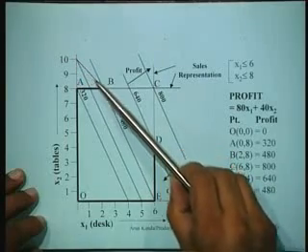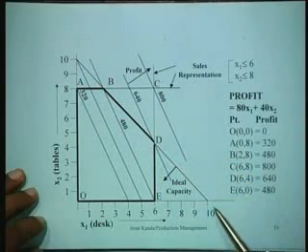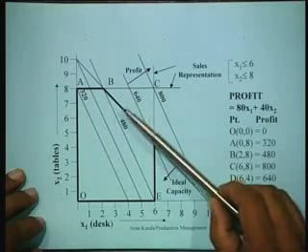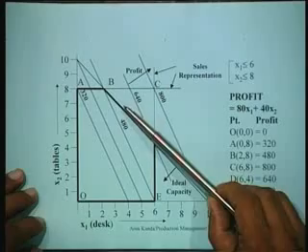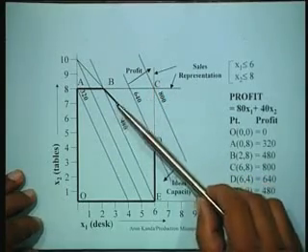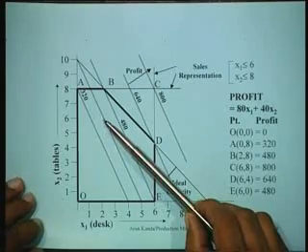So what would happen is, look at this example. This line shows that you are utilizing your capacity fully, and if you go in this direction, you are overutilizing your capacity, and if you come in this direction, you are underutilizing your capacity.